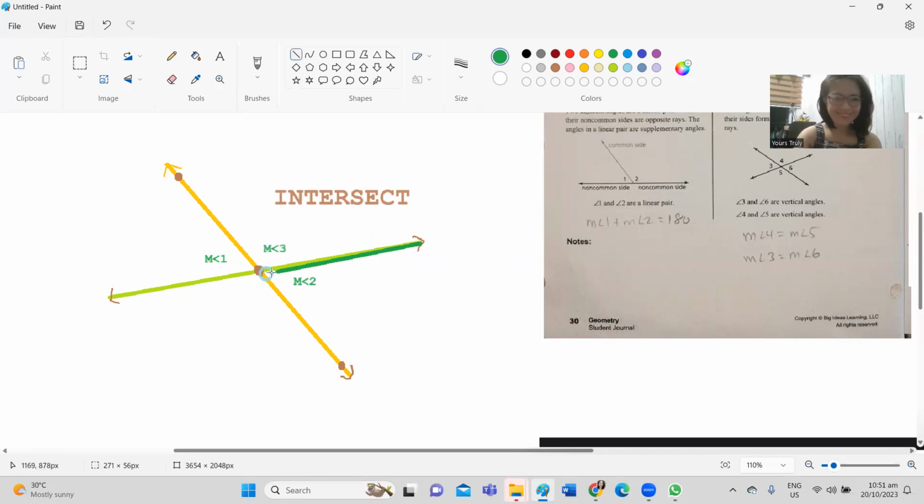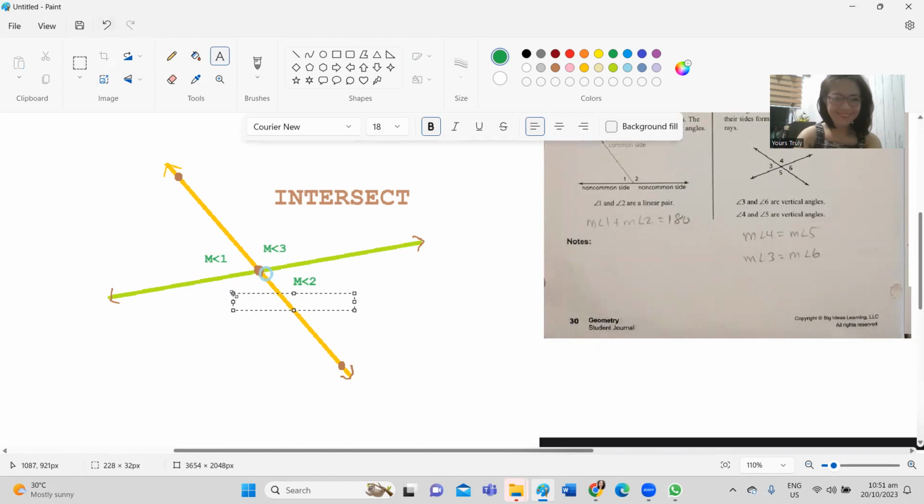If this is the other side of the line and that measures 90 degrees, because it goes beyond 90 degrees, angle 3 is an obtuse angle, while angle 1 is an acute angle. Angle 2 is also an acute angle. Therefore, angle 4 will become an obtuse angle. It's easy, right?